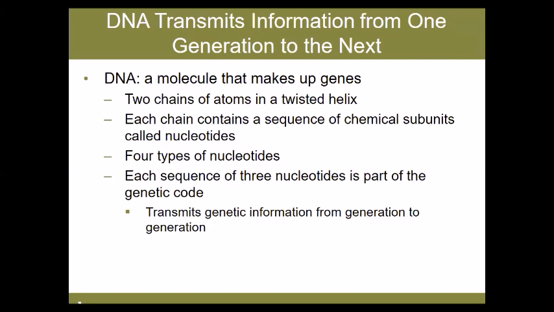That means you have two strands twisted together, kind of like a ladder twisted on its axis. You have a chain of different subunits called nucleotides. There are 4 different types of nucleotides, and you're going to go through this in much more detail later on. Adenine, guanine, cytosine, and thymine are the base pairs, or nucleotides, that make up the DNA code. The main objective here is to transmit genetic information from one generation to the next.